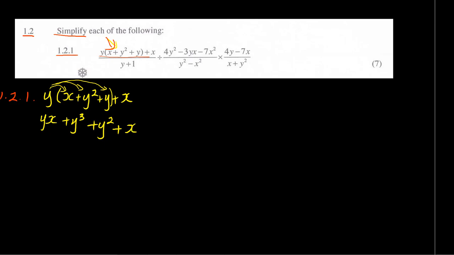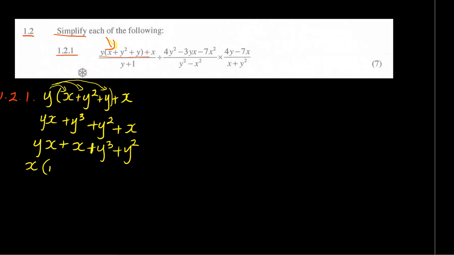Now if you group them again, I can group them according to the y and the x. I've got y plus x, this is regrouping, plus y cubed plus y squared. Now I take the first x factorize, this is factorizing by grouping.